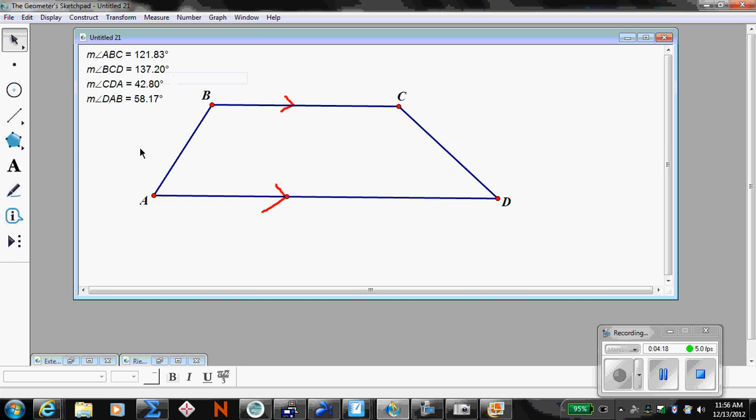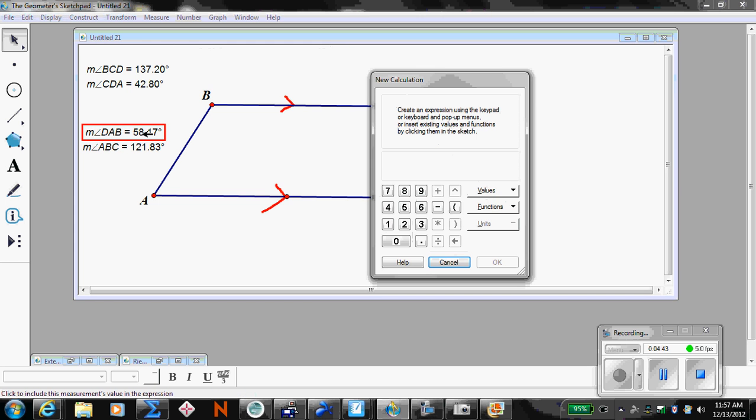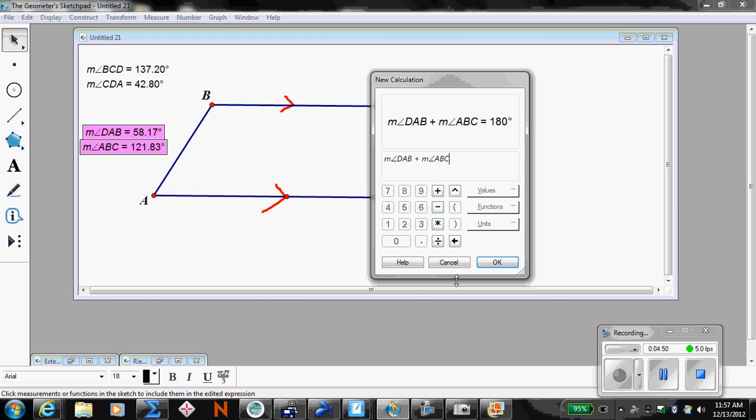Okay, so there are my four angles that are measured. Now, do you notice anything special about them? Look at angle A and angle B. Let's see what happens if I add those two together. So I'll highlight angle A, and I'm going to add to it angle B.